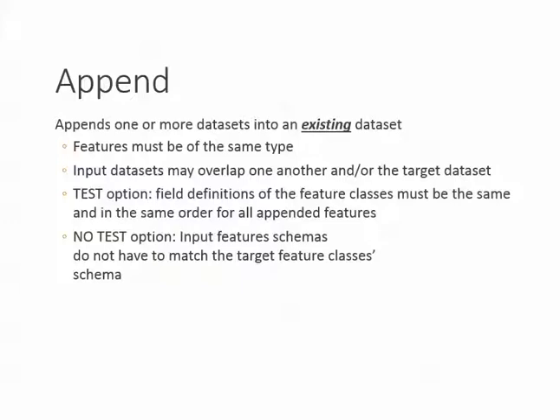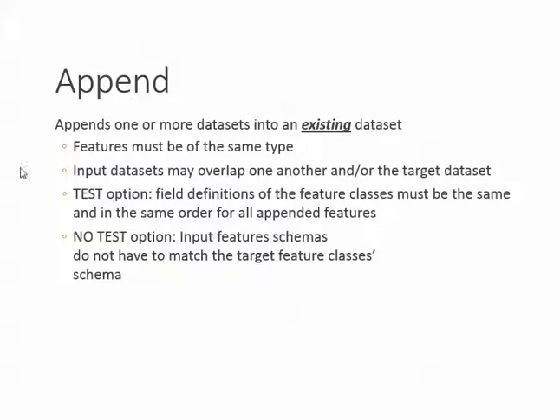The append tool appends one or more data sets into an existing data set. What that means is the features must be the same type, so lines and lines can be appended together, points and points, polygons and polygons, and you're not creating a new feature, you are adding an existing feature to another existing feature.